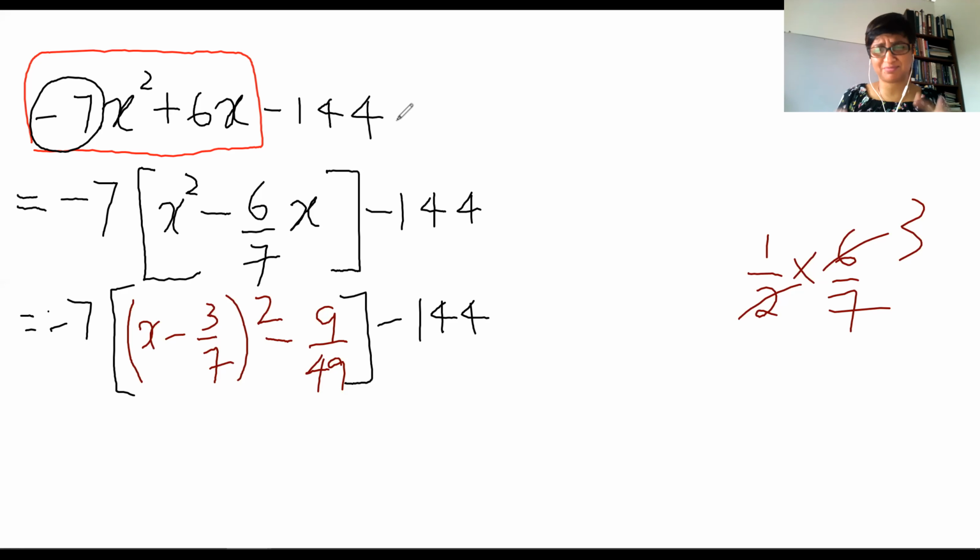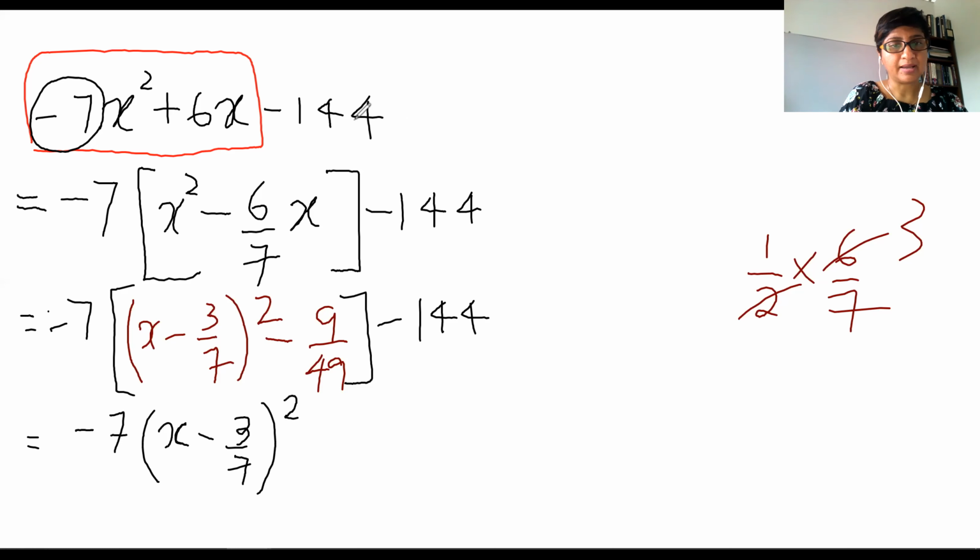Now I just need to clean this up. Just make it look nice. Let's take this -7 back into the square bracket. So that gives me -7 times (x minus, now the square bracket is gone. I'm removing the square bracket. x minus 3/7) squared.